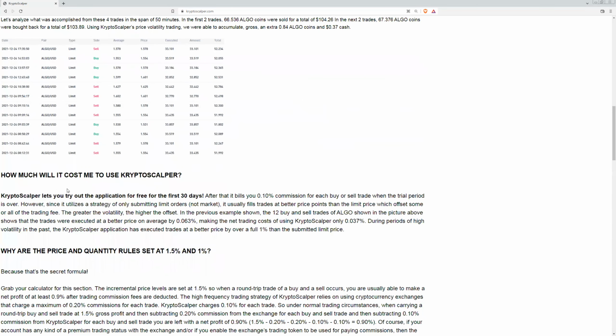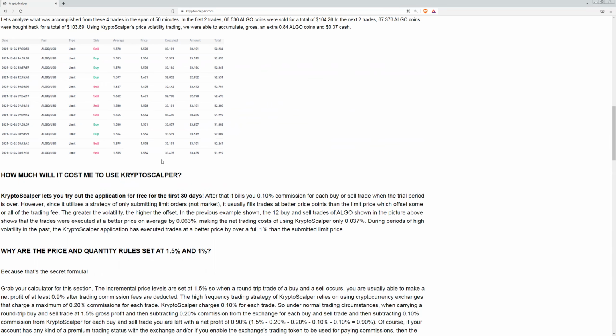How much can you expect to pay for KryptoScalper? Well, it's free the first 30 days. After that, it charges 0.1% commission for each trade. Understanding that for every sell and buy trade you make, 1.5% gross profit, when you factor in the commission of 0.1% for each trade, you are still left with 1.3% for your net profit.